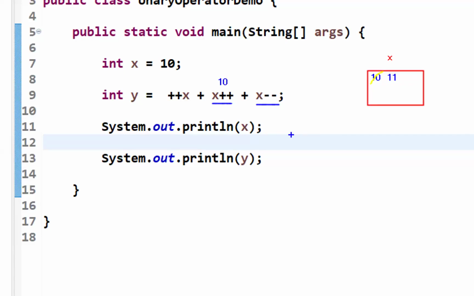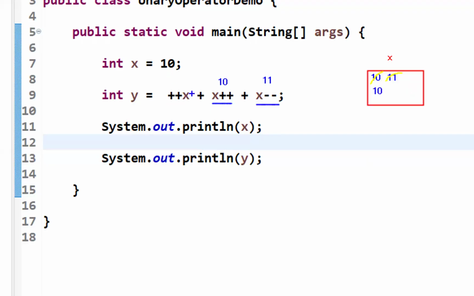Use the value, then decrement it. First use the value of x now. How much is x now? 11. Then decrement by 1. x becomes how much again? 10. x comes back to 10 again.